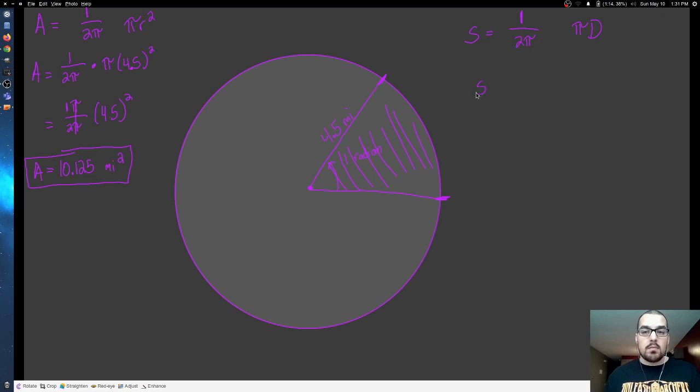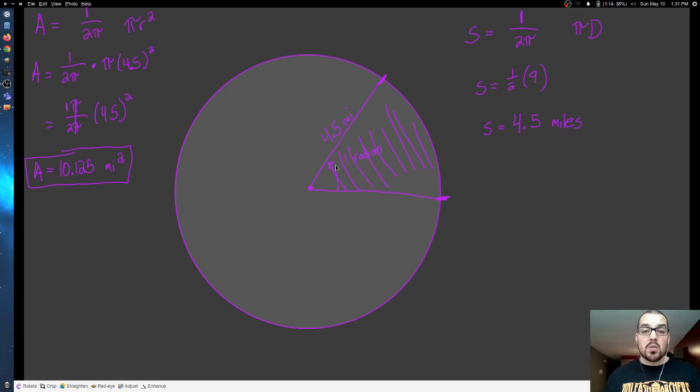So my arc length is equal to 1 over 2 pi, which again I can just keep as 1/2 because those pi's cancel out, times 9. So my arc length here is 4.5 miles. That shouldn't be a surprise at all.